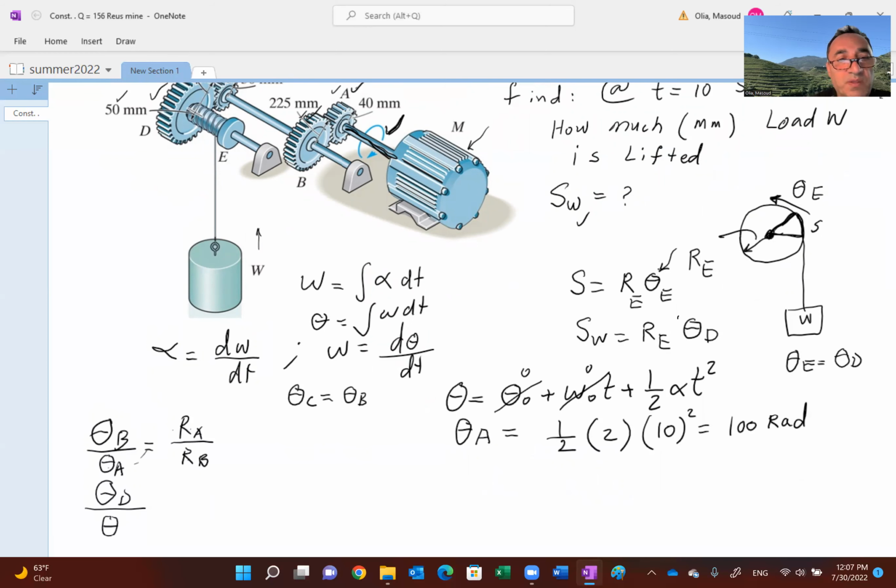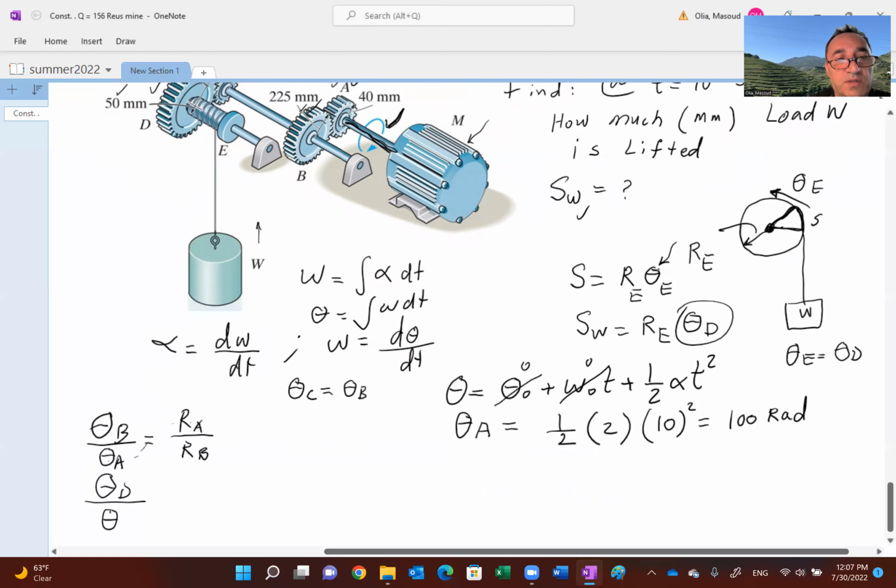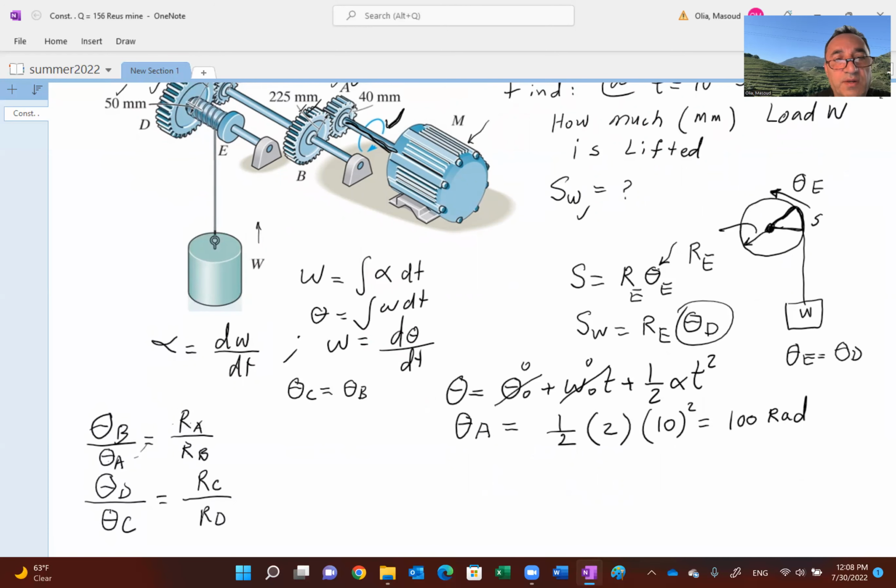That's what I want. So theta sub D over theta sub C, I'm running out of space here, guys, is again the same ratio. It's the inverse ratio. It has to be RC over RD. So from here, I can say theta sub D is RC over RD times theta sub C. But remember, theta sub C and theta sub B are the same, so this becomes RC over RD times theta B, right?